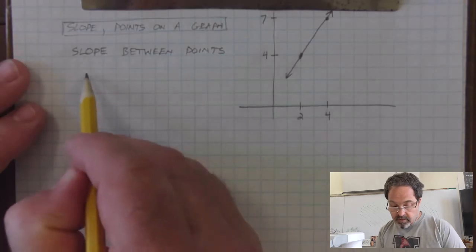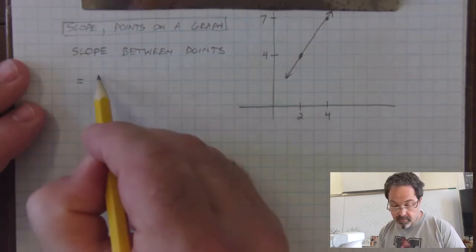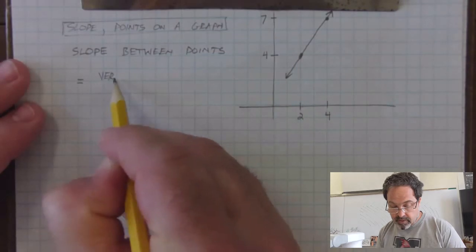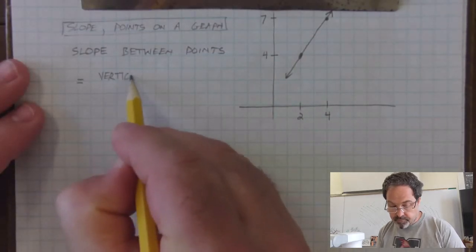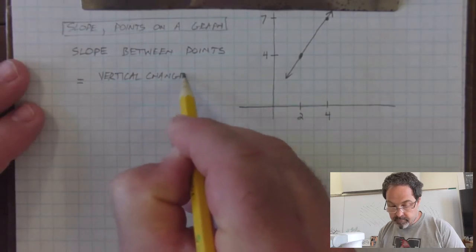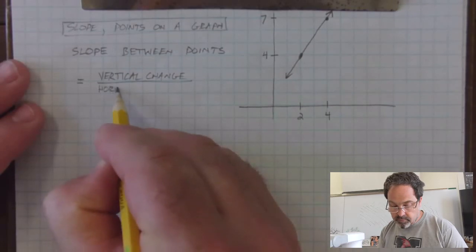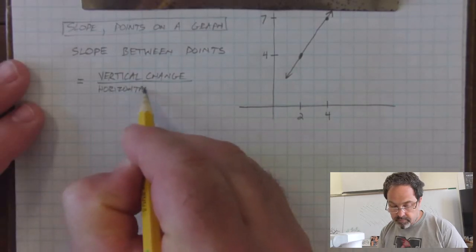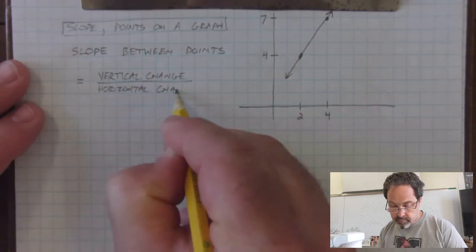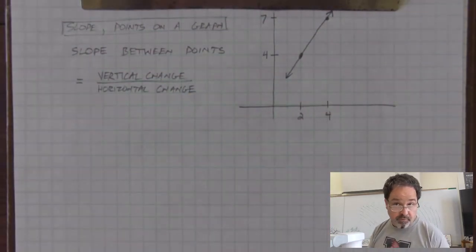The slope between these 2 points can be calculated as the vertical change divided by the horizontal change. What do we mean by vertical change and horizontal change?